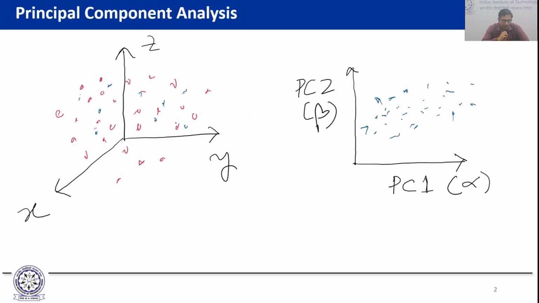So let's take a look at what we really mean by principal component analysis by taking a very crude example. What we have here on the left hand side is data in 3 variables, and this data is fairly scattered, and of course visualizing something in 3D is a little bit of a challenge.